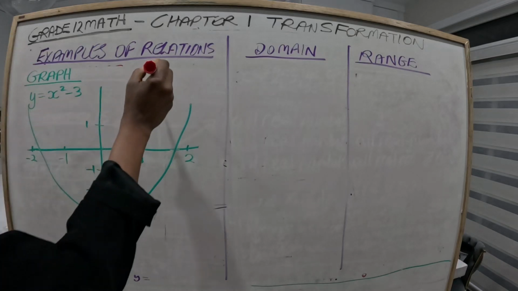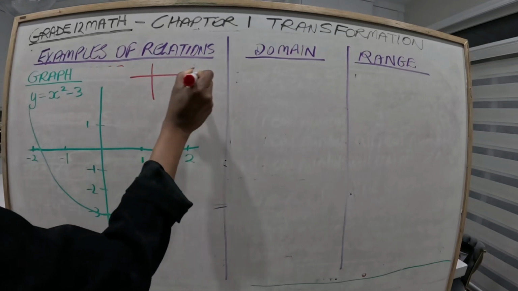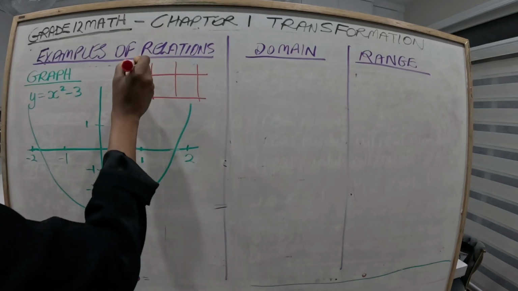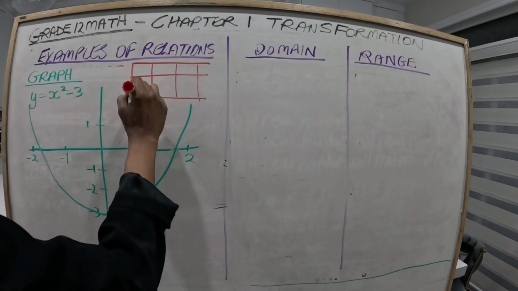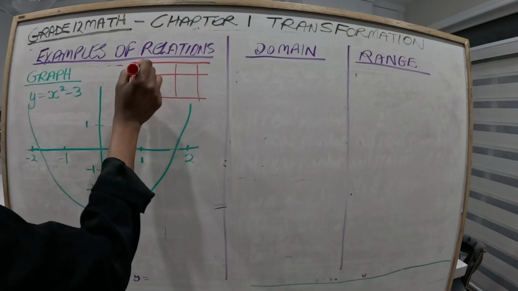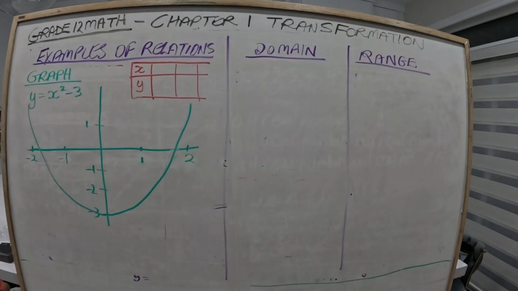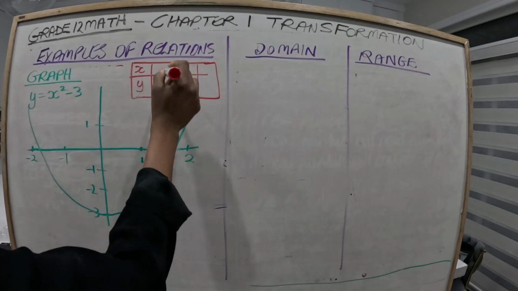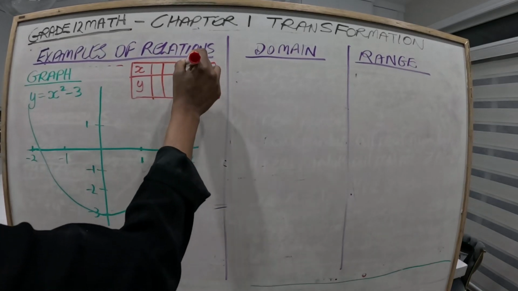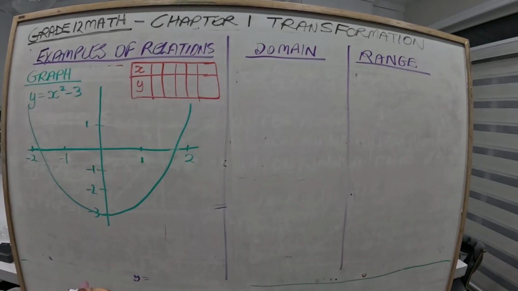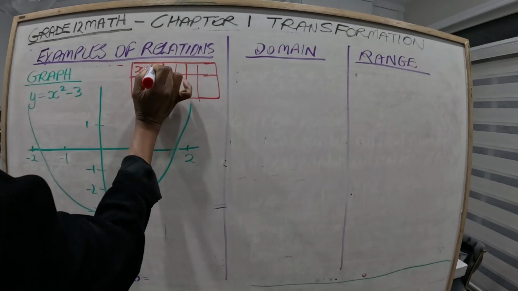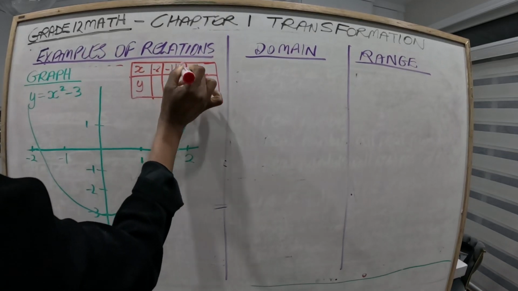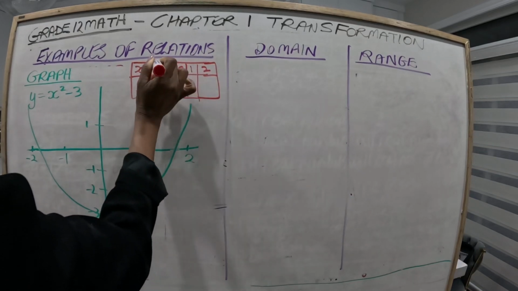You can do your table. So we have x, we have y. I'm just going to make it even better. That way it's easier. So we have -2, -1, 0, 1, 2. Okay?